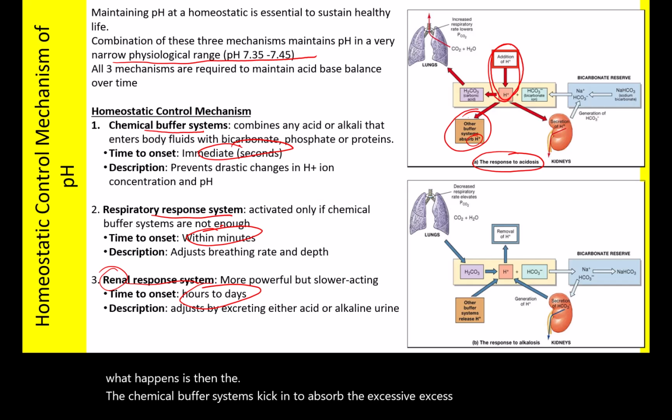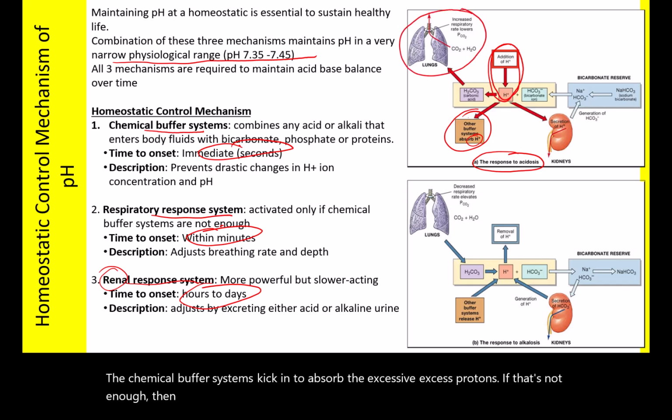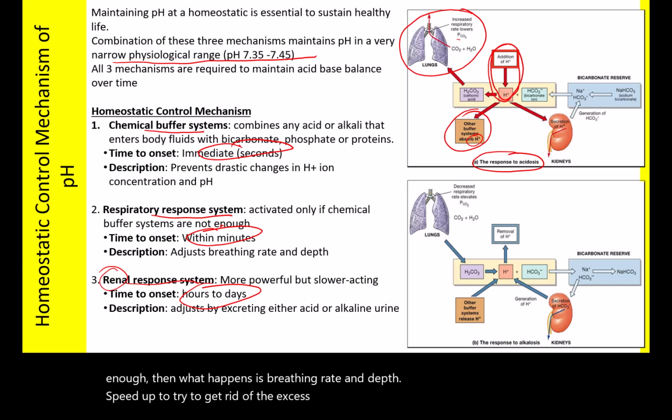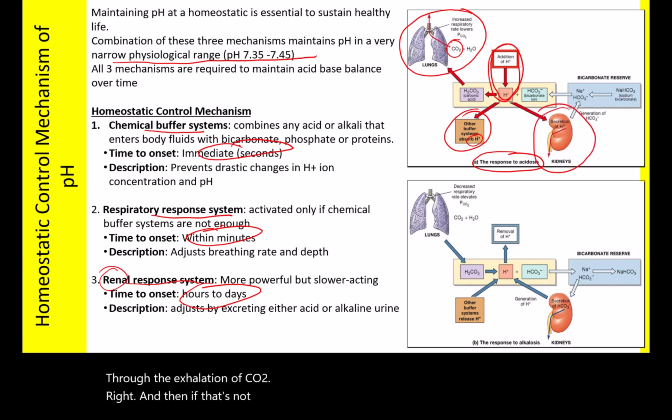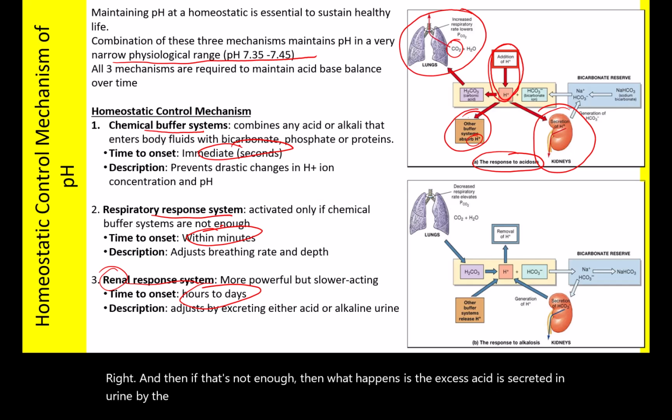If that's not enough, breathing rate and depth speed up to try to get rid of the excess acid through the exhalation of CO2, right? And then if that's not enough, the excess acid is secreted in urine by the kidneys, and so the urine becomes acidic.